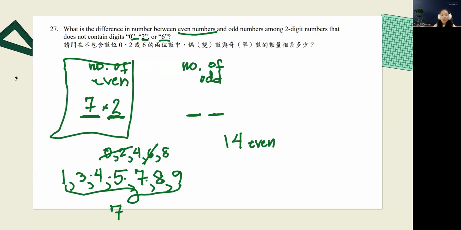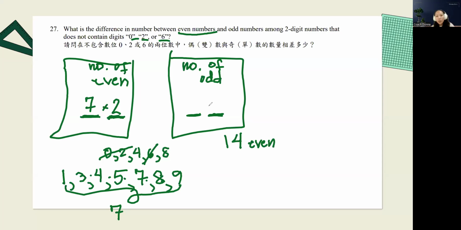However, we still need to check for the number of odd numbers. Let's check the digits: 0, 1, 2, 3, 4, 5, 6, 7, 8, 9.